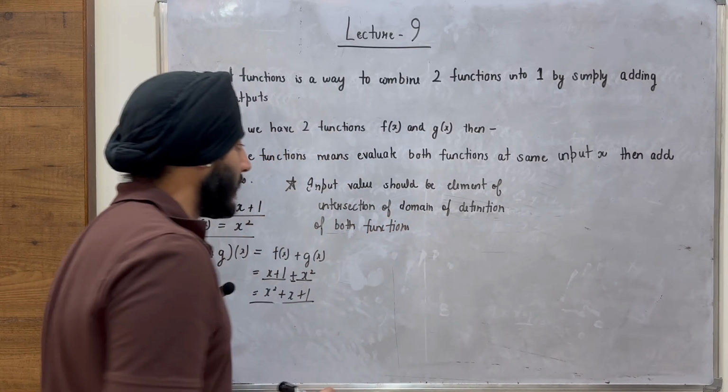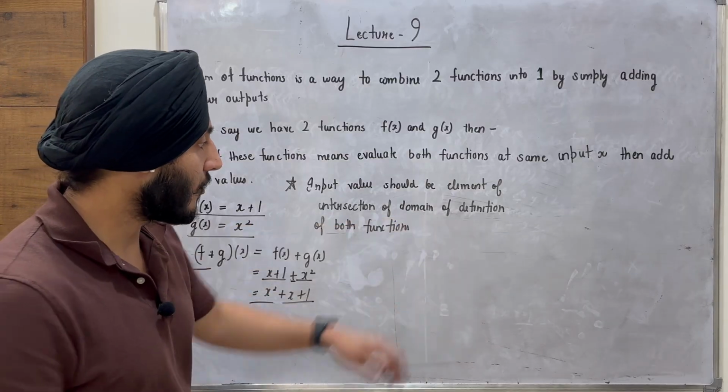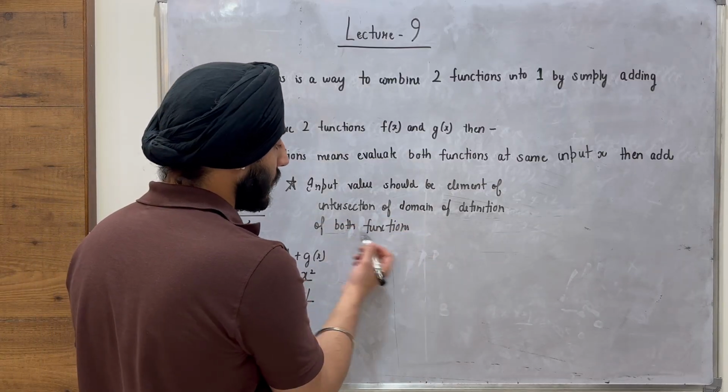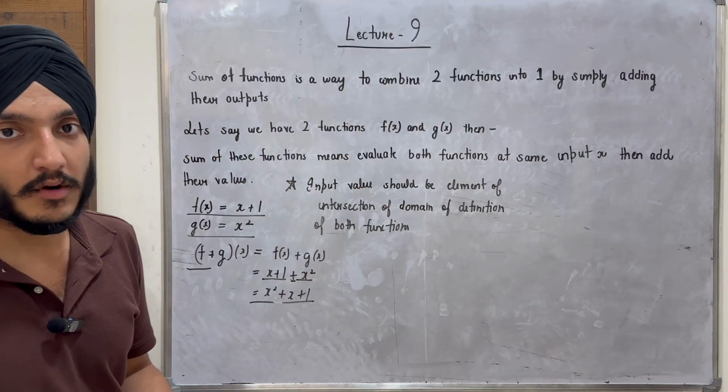Let's try to understand this statement. Input value should be an element of the intersection of the domain of definition of both functions. This is a very simple thing to understand.